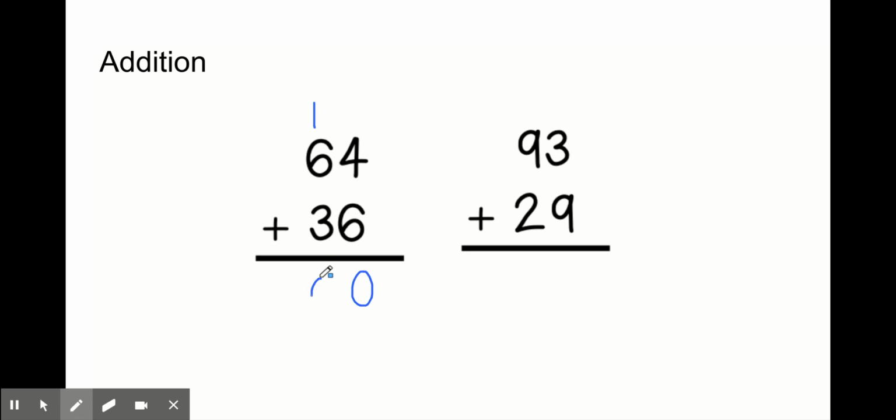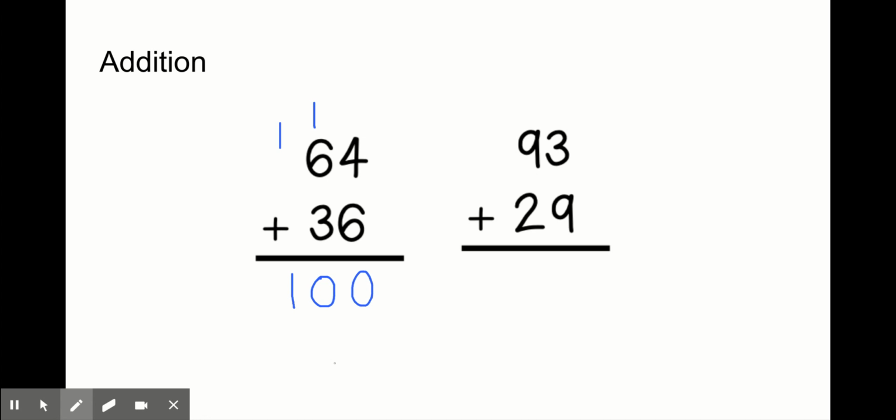Oh, another 10. My 0 goes in the tens place, and my 10 goes in the hundreds place, because 10 tens makes 100. There are no other hundreds to add, and so boom, I have 100.